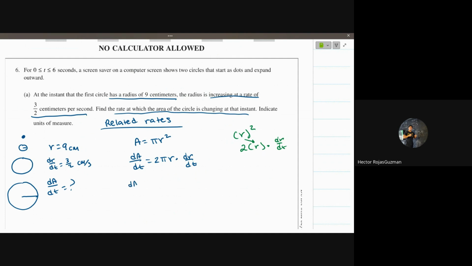Okay. Well, we're looking for dA/dt. We know the radius is 9, and we know that dr/dt is 3/2. So this becomes, let's check it out. The 2 will cancel with the 2. Thus giving us 27 pi centimeters squared per second.